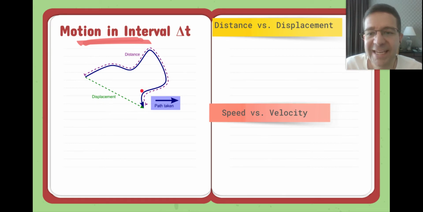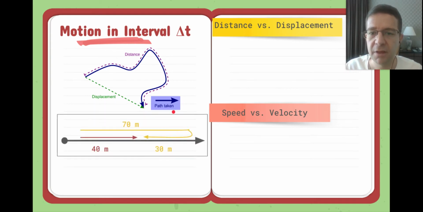So maybe this is a hiking trail and you hike for about a mile. On the other hand, the displacement from start to finish is the straight line distance between the start and the end. This has a specific direction from where you begin to where you end, whereas the distance traveled is just a magnitude of how far you've covered.